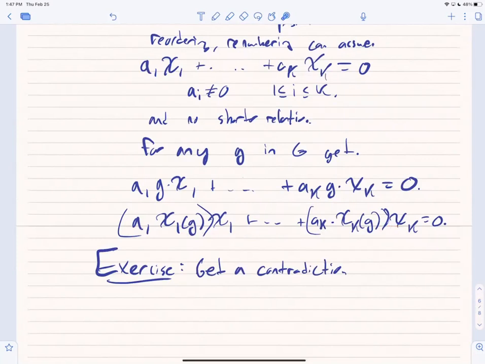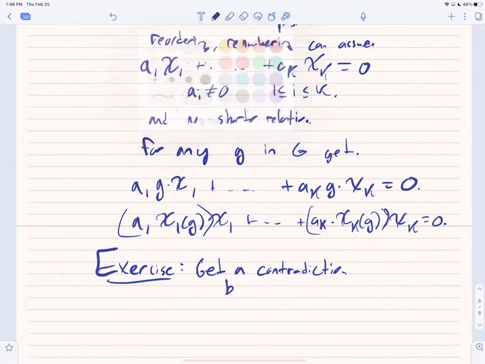Then I just have to use one other piece of information to show that I can combine these two linear dependence relations, something like subtracting one off the other, to get another shorter non-trivial linear dependence relation. So you should think about what you need to do in order to guarantee that, which will give you a contradiction.